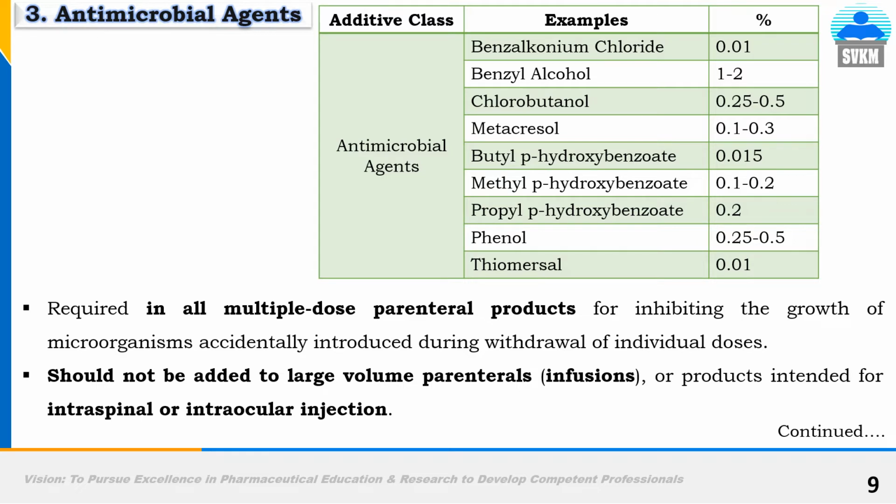However, they should not be added to large volume parenterals, that is infusions, or the products which are intended for intraspinal or intraocular injections. Examples of antimicrobial agents are benzalkonium chloride, benzyl alcohol, chlorobutanol, metacresol, then butyl parahydroxybenzoate, methyl parahydroxybenzoate, propyl parahydroxybenzoate, phenols and thiomersal.